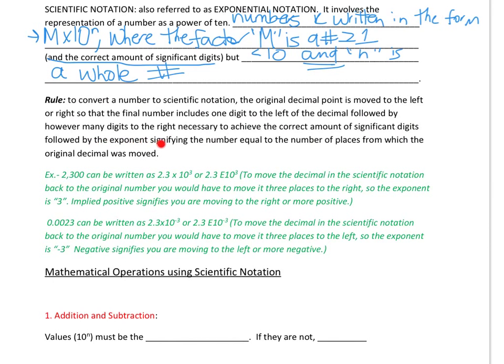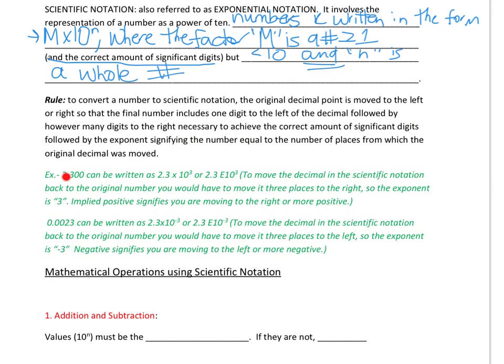And then having the exponent signifying the number equal to the number of places from which the original decimal point was moved. So here are your examples. If you've got 2,300, its exponential notation is 2.3 times 10 to the third, or you'll see it on your calculators and in some references 2.3e3. So your decimal point started out here.